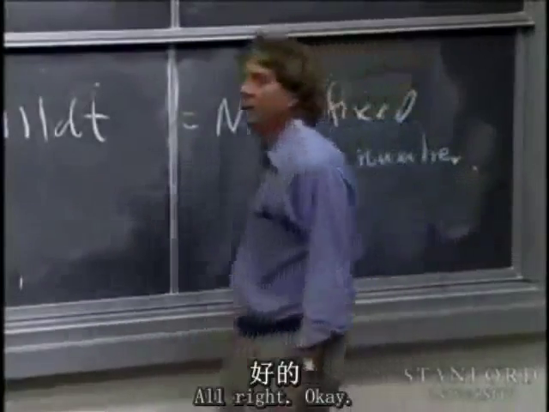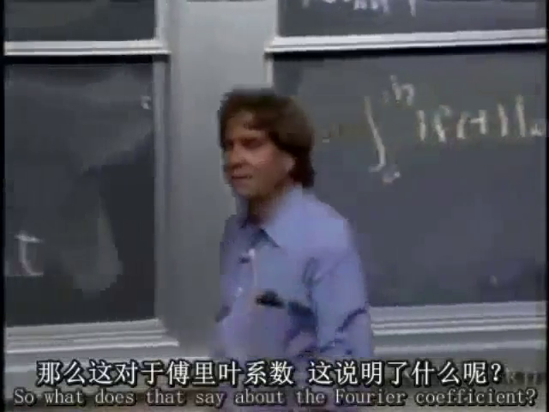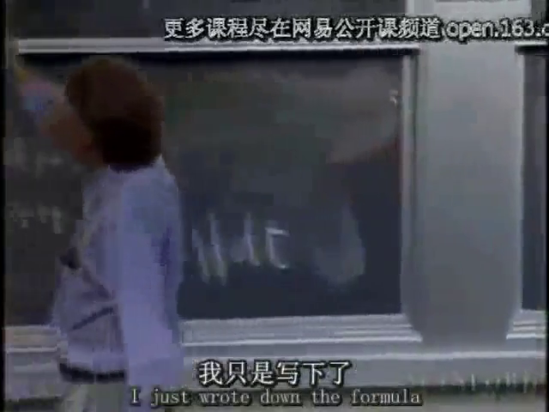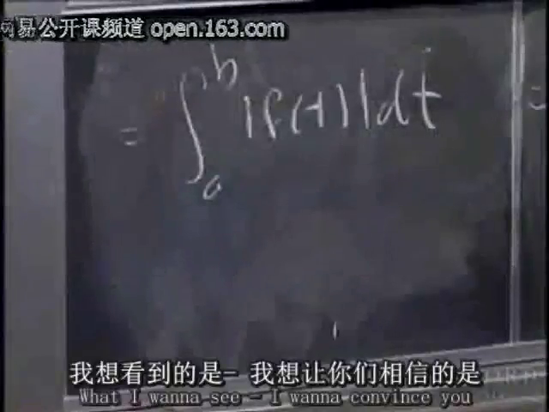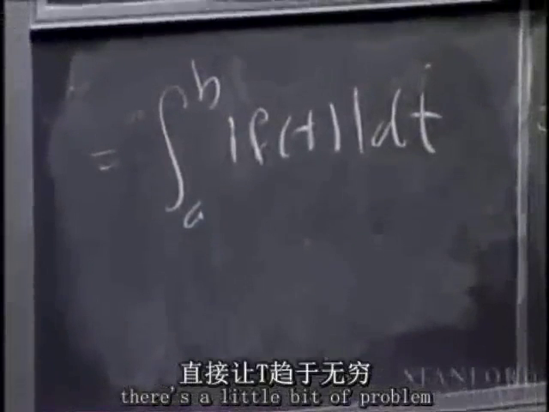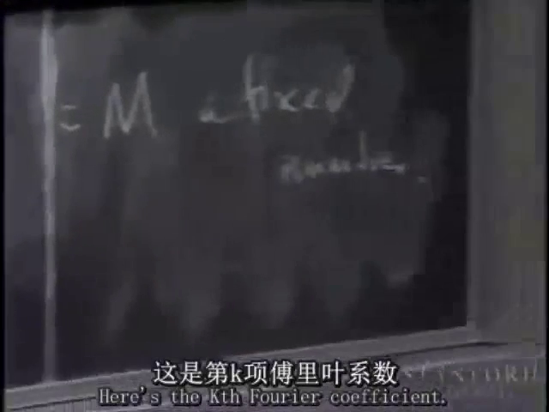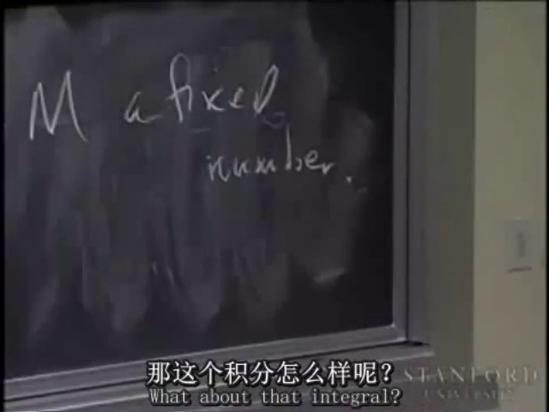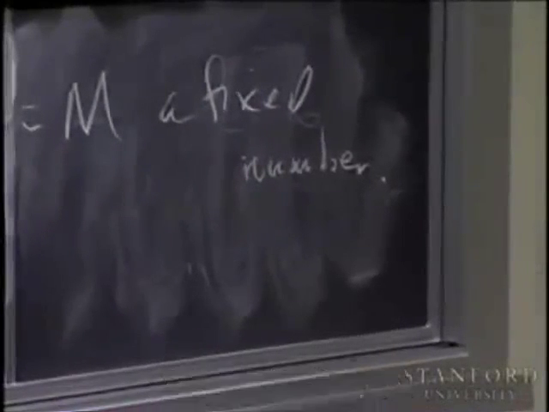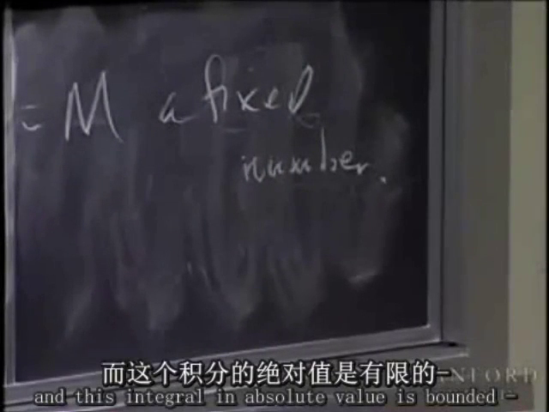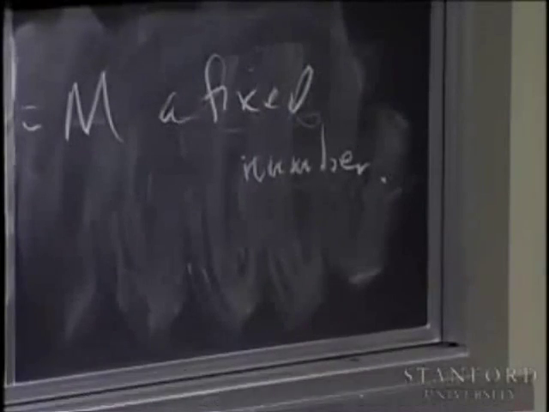So what does that say about the Fourier coefficient? Watch what I did here. I just wrote down the formula for the kth Fourier coefficient. I want to convince you there's a little bit of a problem with directly letting T tend to infinity. If I directly let T tend to infinity, everything's going to die. Here's the kth Fourier coefficient. It's 1 over T times this integral, and this integral in absolute value is bounded.